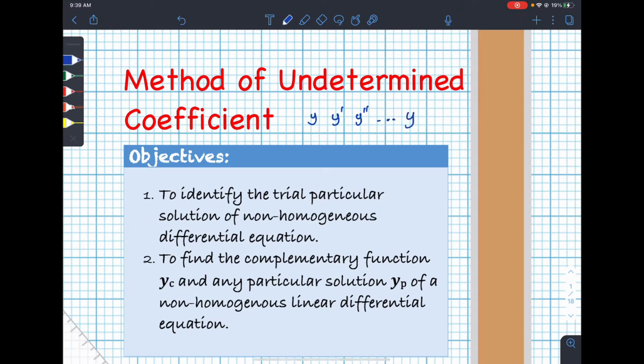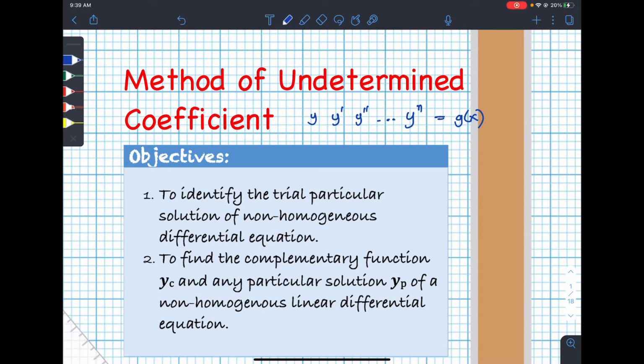If the differential equation only involves the dependent variable as well as its derivatives, then that is a homogeneous equation. However, if an equation already involves an independent variable, in this case x, then that is already considered a non-homogeneous differential equation.